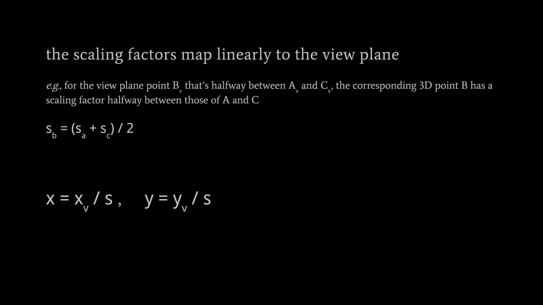Now, what this linear relationship means is that, say, on the viewplane, I have some point B of the viewplane that's halfway between A of the viewplane and C of the viewplane. Well, the corresponding point on the 3D triangle we'll call B. The scaling factor you multiply with B to get B of the viewplane, that scaling factor is halfway between the scaling factors we multiply on A and C to get A of V and C of V. So on the viewplane, say I already know that for these 2 points on the viewplane, I know what the scaling factors corresponding to those points are, in this case S of A and S of C, and I want to find the scaling factor that applies to the point halfway in between them.